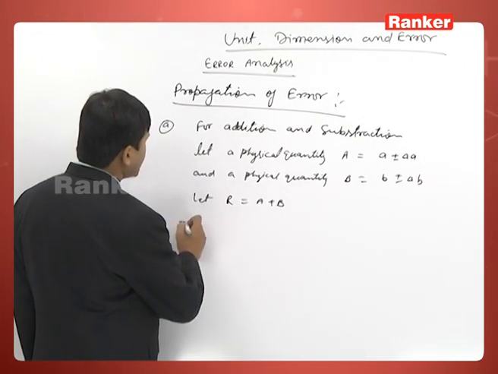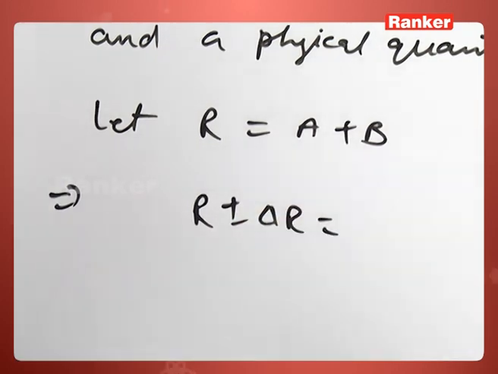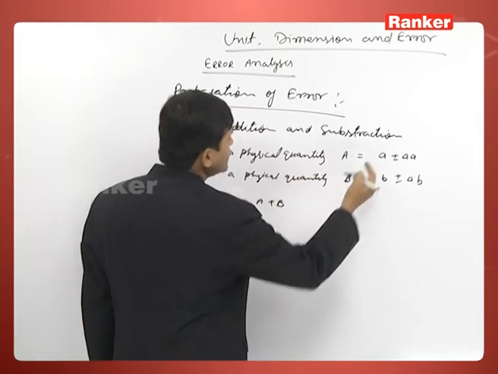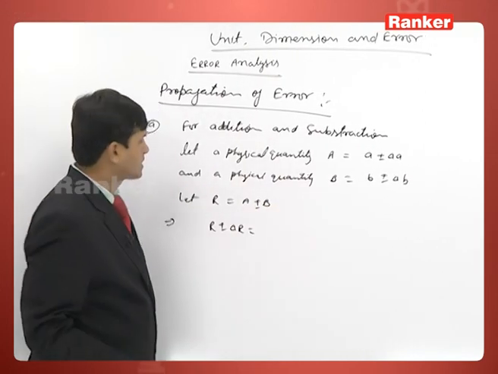So, this can be written as R plus minus delta R. Here, A plus minus B, suppose.